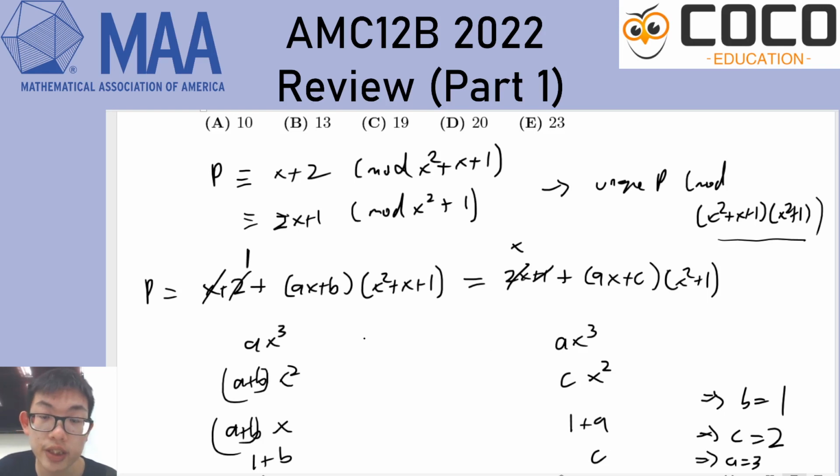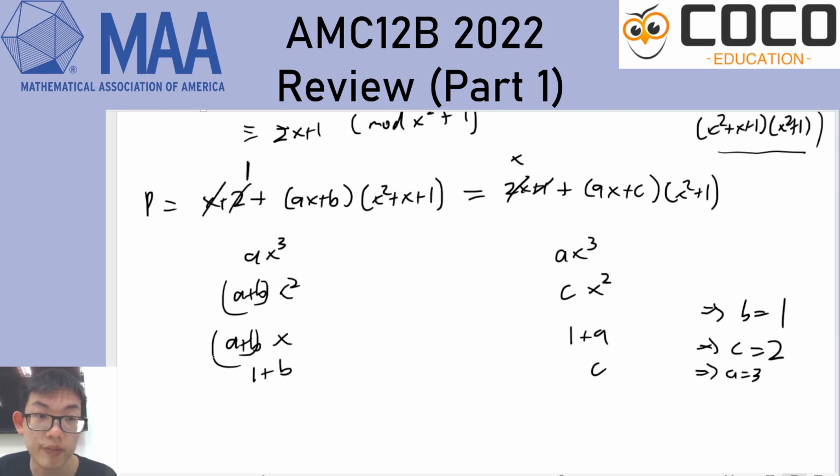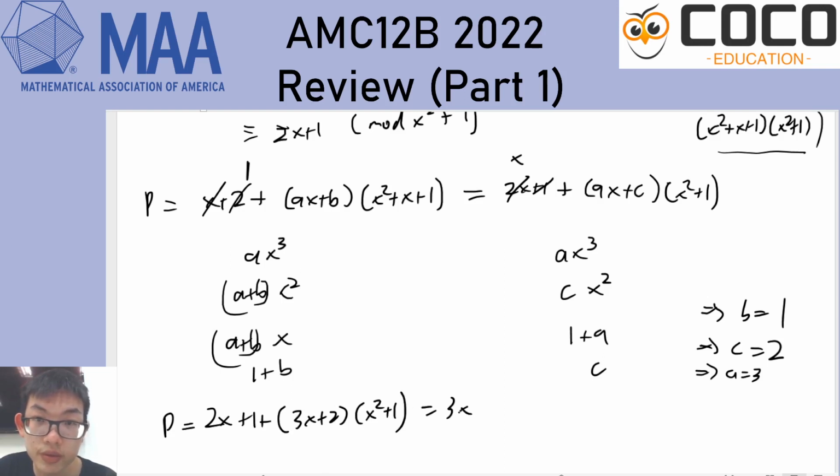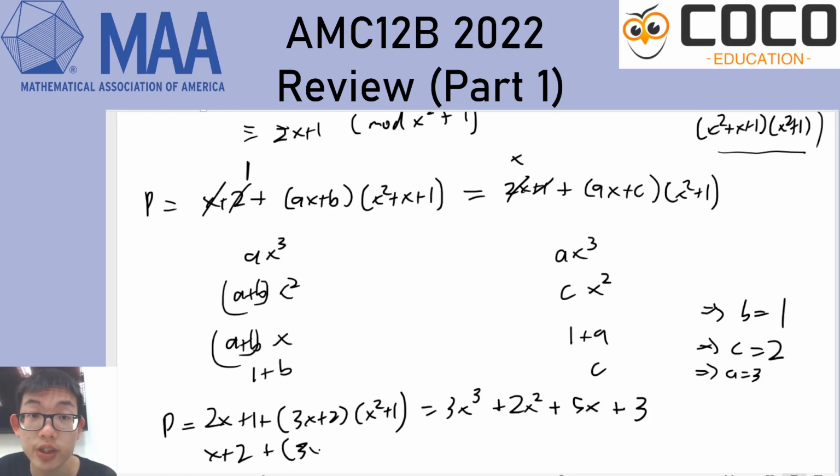Now let's just check, right? What does that actually give me for p? So 3x plus 2x squared plus 1. I believe I get this, and let me just double check since I did some cancellation earlier, which maybe I should not have done.